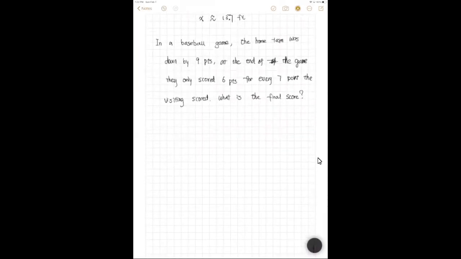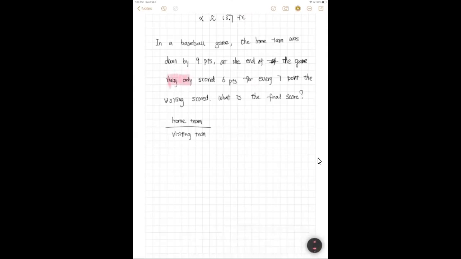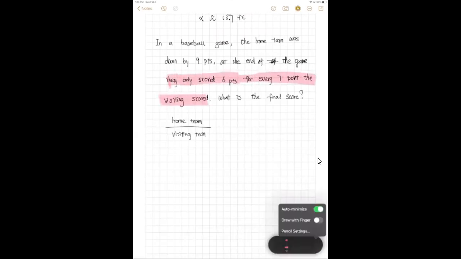So we know that we have 2 teams, right? One is the home team, correct? And the other is the visiting team. So we know that they follow a certain ratio, the home team over the visiting team. So what's the ratio? Take a look at these sentences. The home team only scored 6 points for every 7 points the visiting team scored, right?